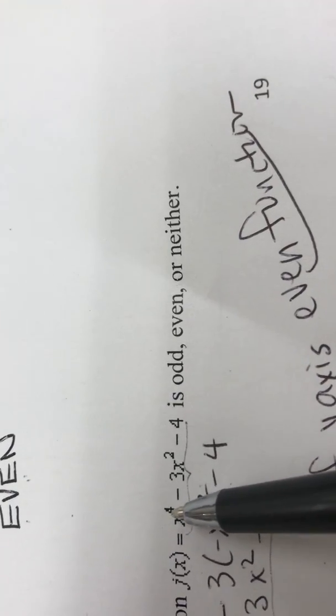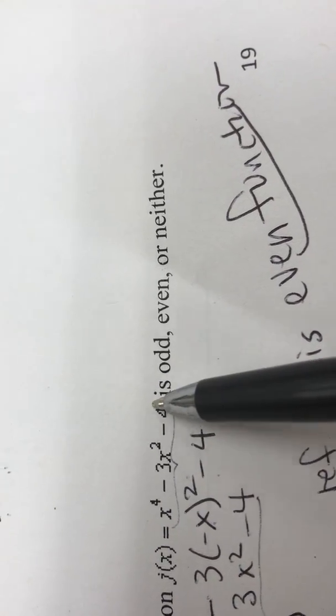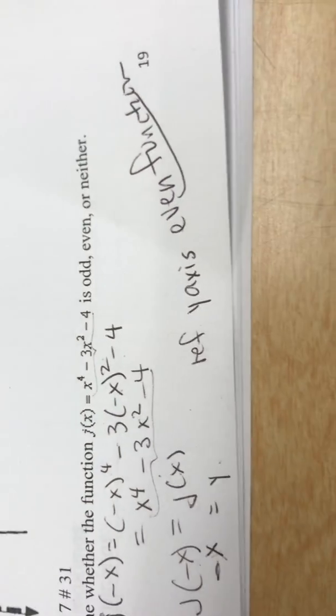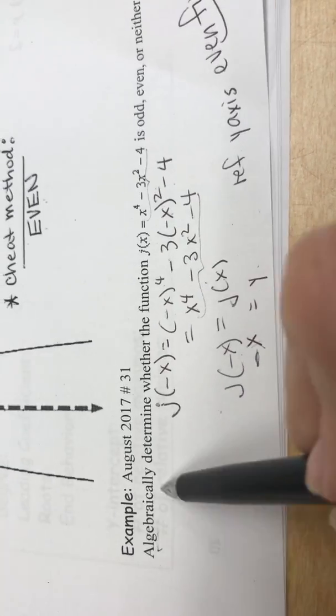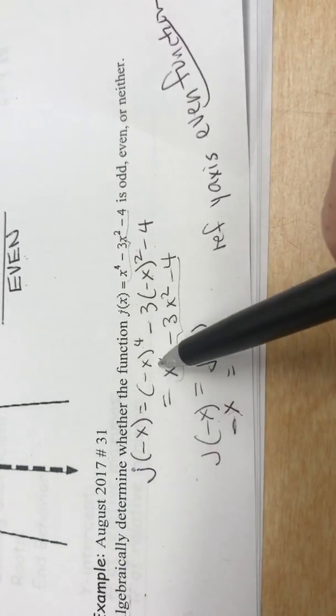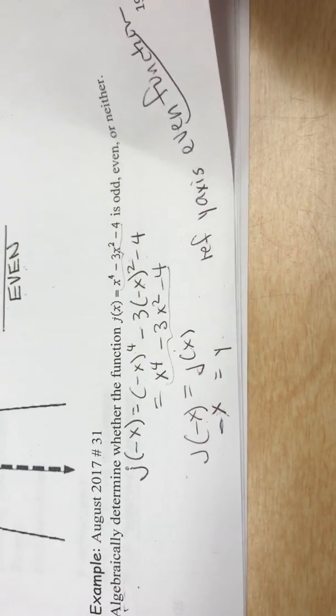And a check for that is to look at these. You have a 4, a 2, and an x to the 0, all even exponents, okay? But if they ask you to algebraically do it, you have to substitute in a negative x. That's algebraically, okay?